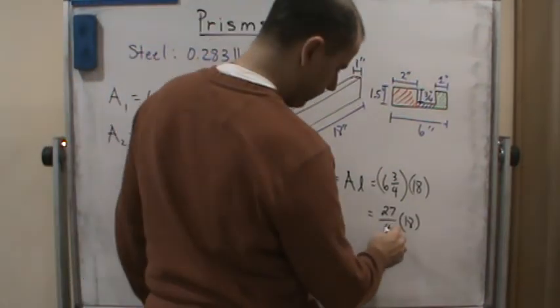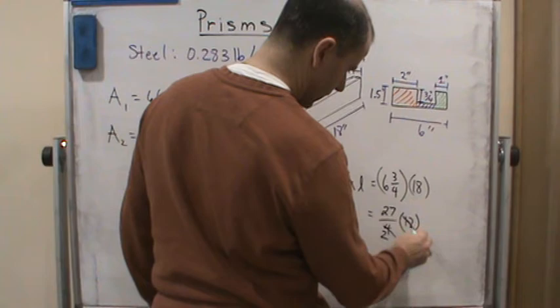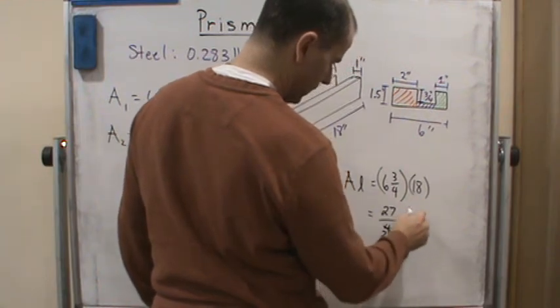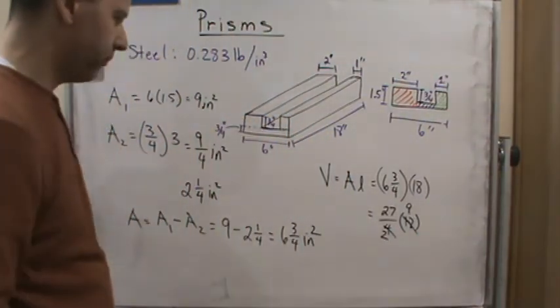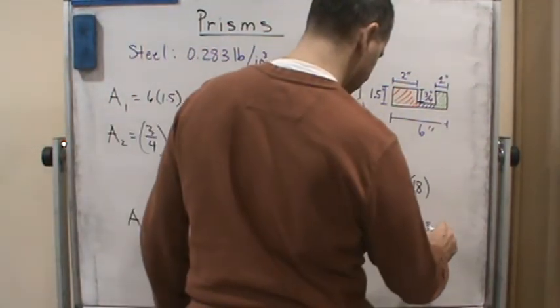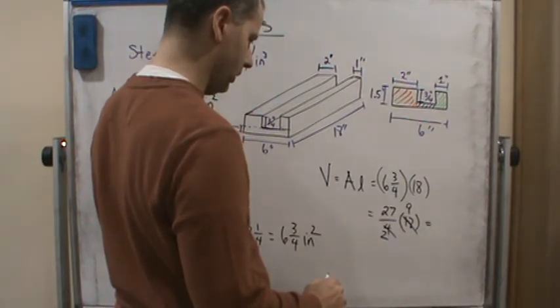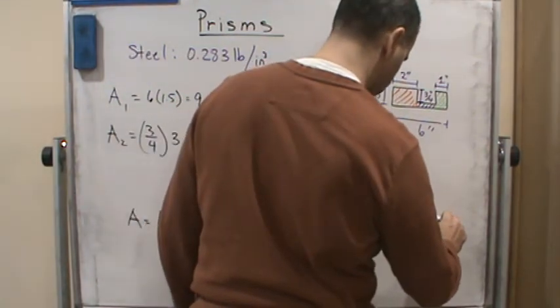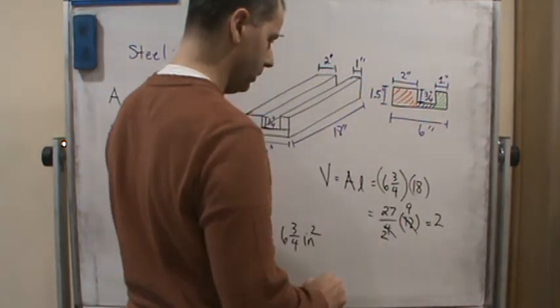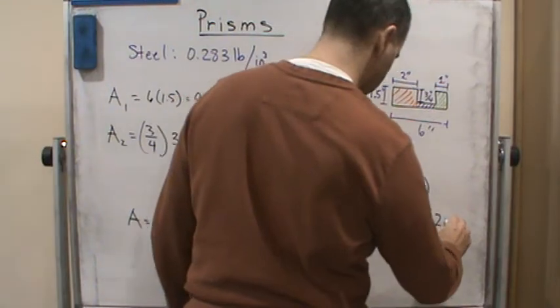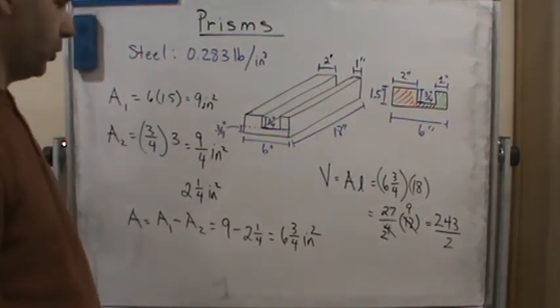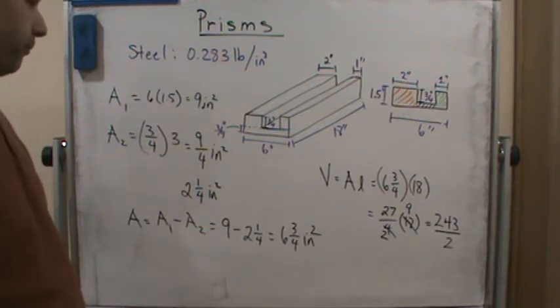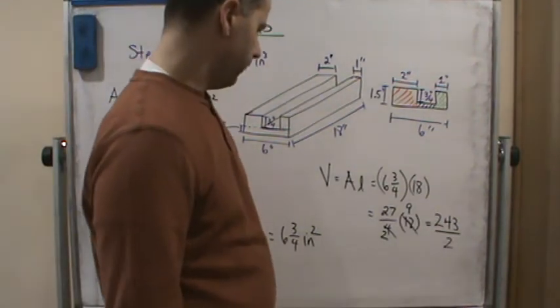And so 4 is divisible by 2, and so is 18, so we can reduce that by canceling, and so that'll be 9. And so what does this give us? This gives us 243 over 2, right?